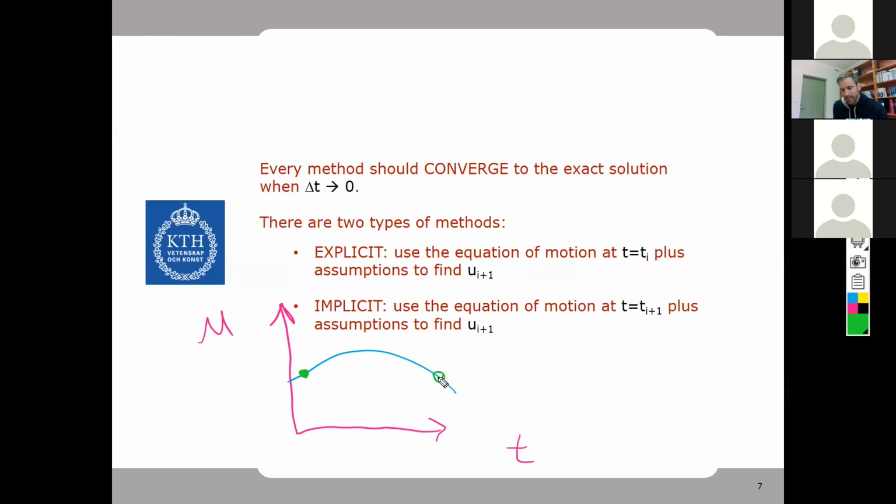When we're using an implicit method, we also use some assumptions about what is going to happen here, but we put as a condition that whatever the method chooses to calculate, it will be true that the equation of motion is fulfilled.